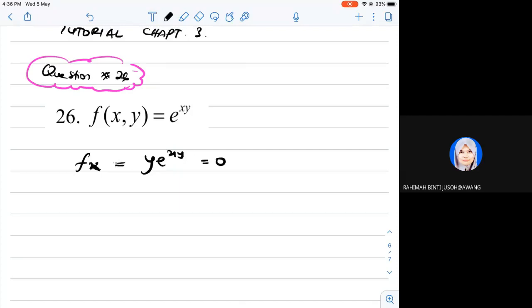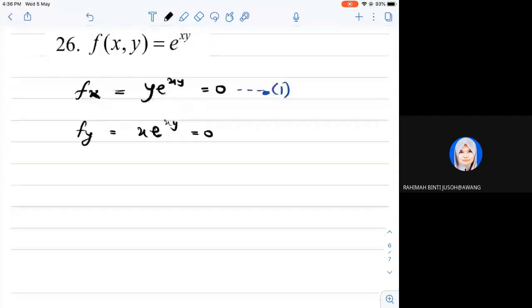Samakan dengan 0. So this is our first equation. And then cari fy. X pula yang constant kan. So x duduk depan. Constant ni bawa ke depan kan. Exponent xy. Equate this with 0. So this is the second equation.